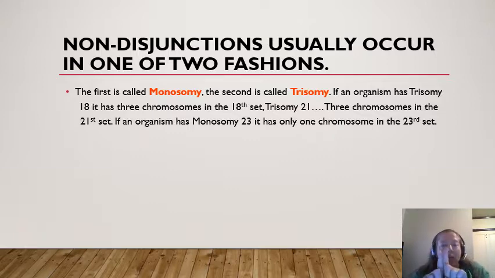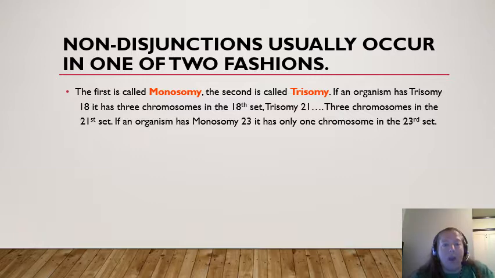Either both sister chromatids will go to one side of the cell or the other, or when they separate, you'll have one that will go one way, and the other one, instead of going the other way, kind of just disintegrates.